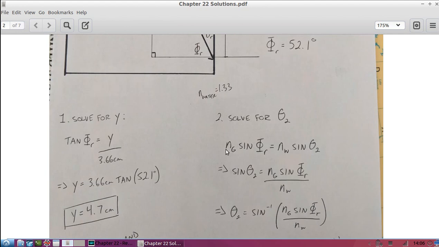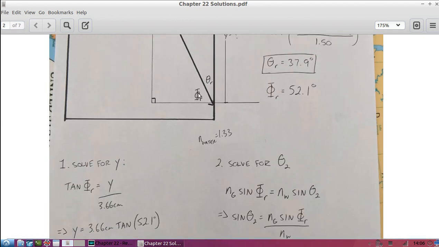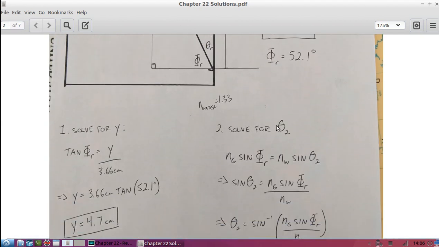So I have to say the index of refraction for glass times the sine of phi sub r, that's my new incident angle right here, is equal to the index of refraction for water times the sine of theta 2. And there's that theta 2, that final refracted angle that I'm looking for.